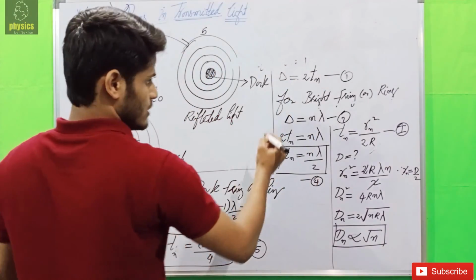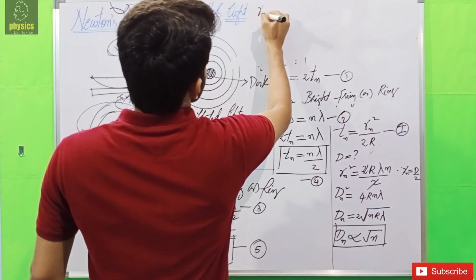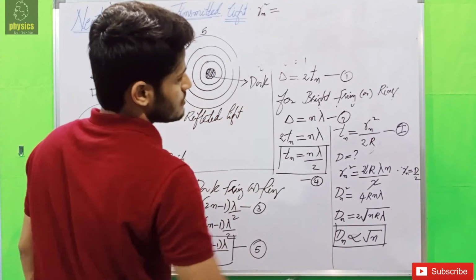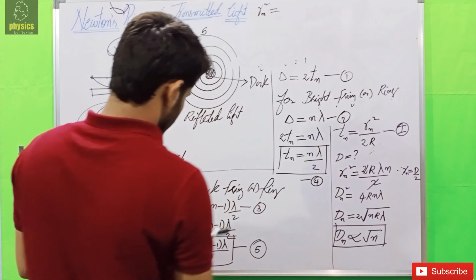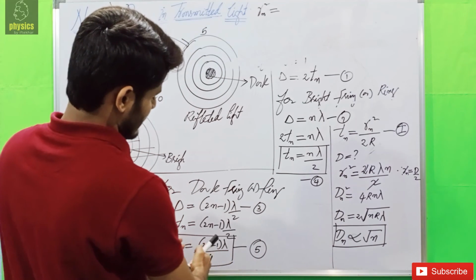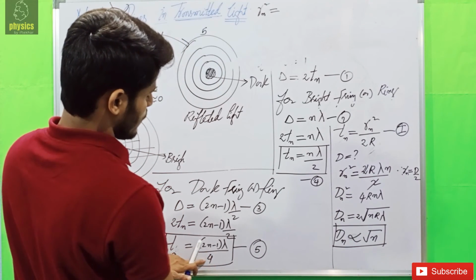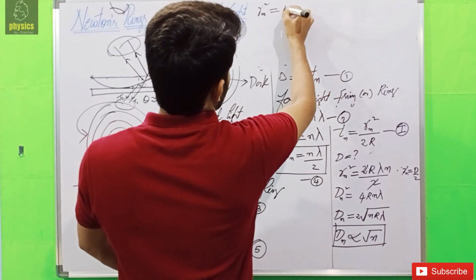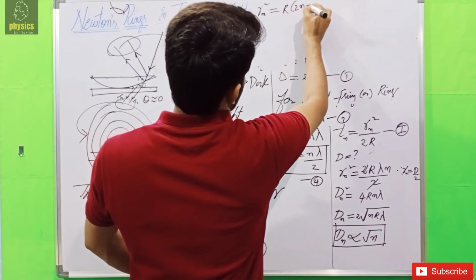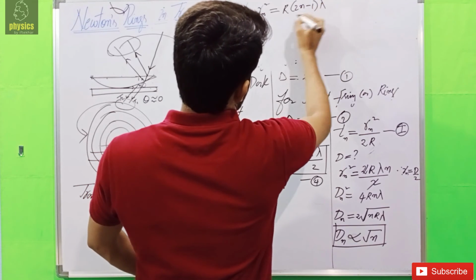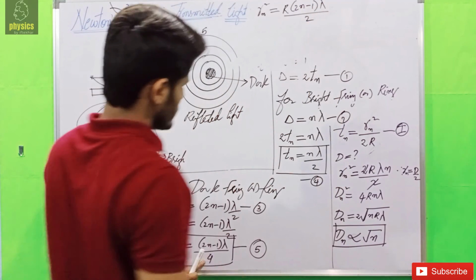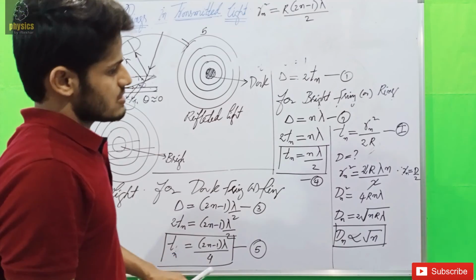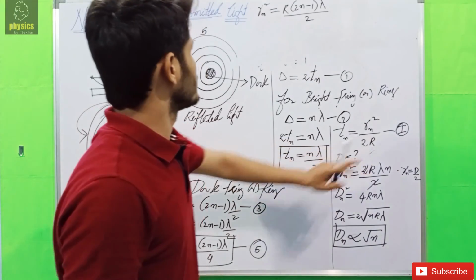So it will be r sub n square, this 2R, if I take it to that side, that 2 with this 4 will get cancelled out, and it will be R (2n minus 1) lambda by 2, because the other 2 got cancelled with this 2.